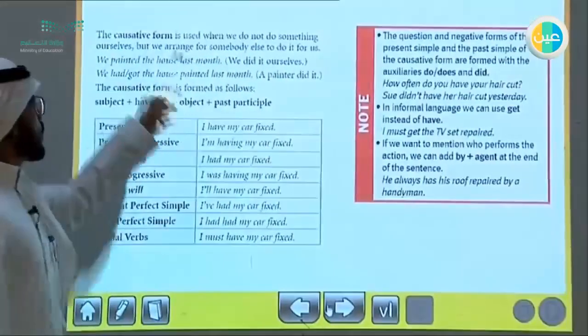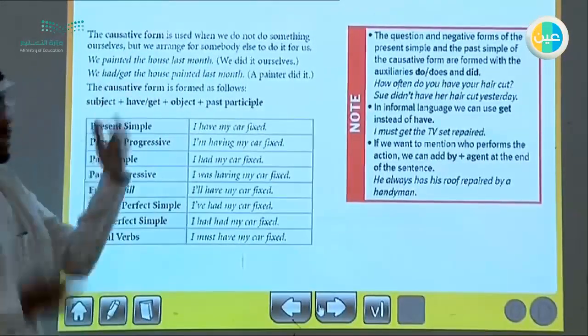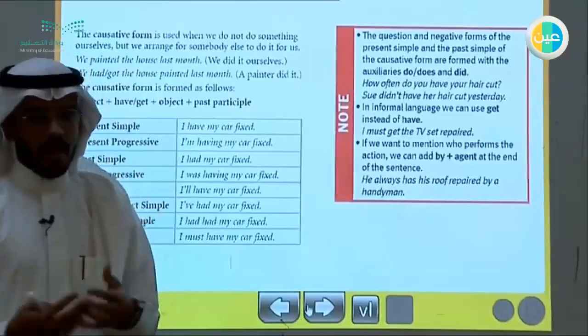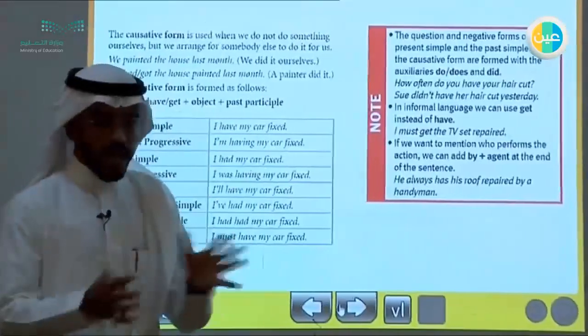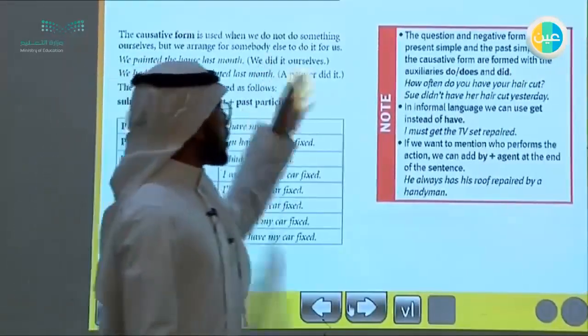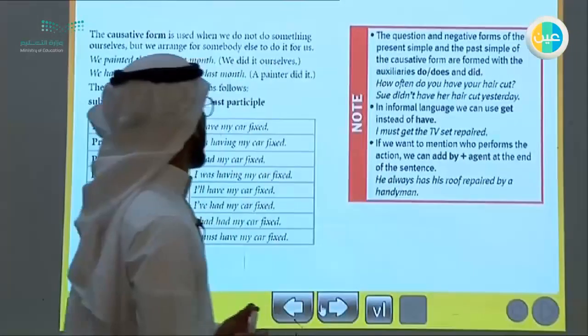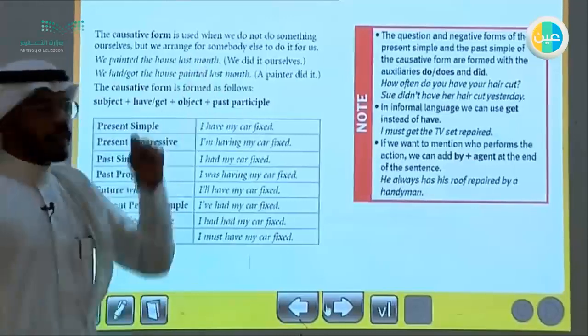So the causative form is used when we don't do something ourselves. عندما لا نقوم بهذا الحدث بأنفسنا, but we arrange for somebody else to do it for us. ليقوم به من أجلنا. For example, we painted the house last month.